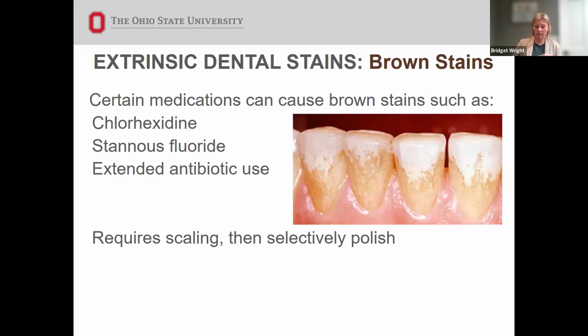Stannous fluoride is a fluoride found in some types of toothpastes, and it is a great fluoride to use, but it can cause staining. And then also extended antibiotic use. So patients who might have several rounds of antibiotics, you might start to see these brown stainings too. So we'll need a little bit of scaling before we can move on with the polishing.